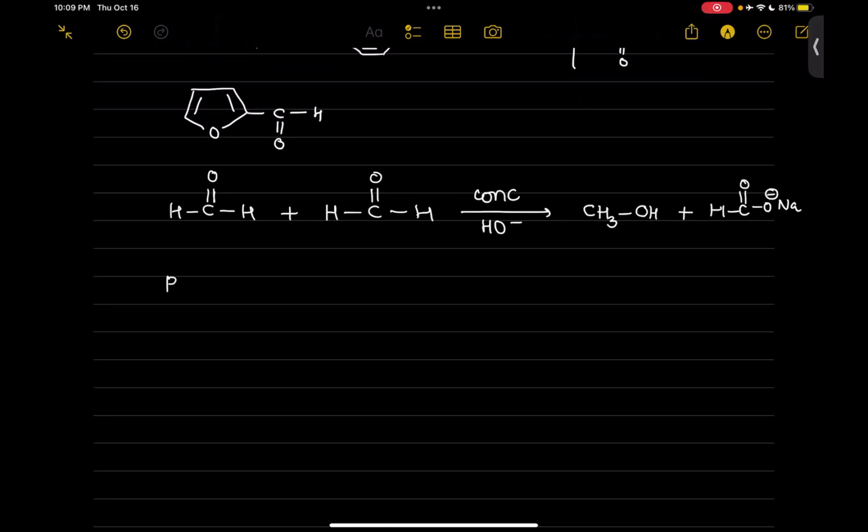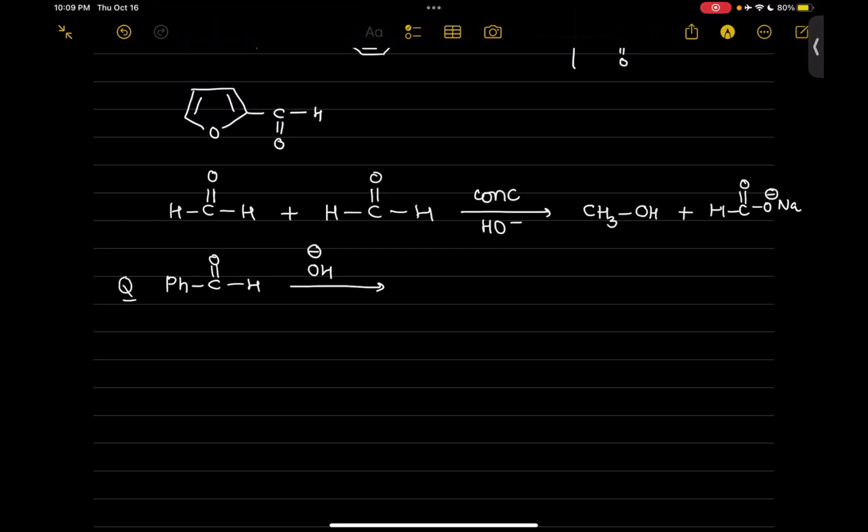For example, if you take benzaldehyde, it is not necessary that every time you will be provided with two molecules. Sometimes the examiner can give you just one molecule and just the reagent.